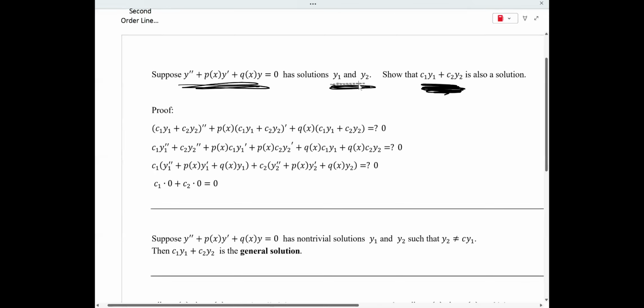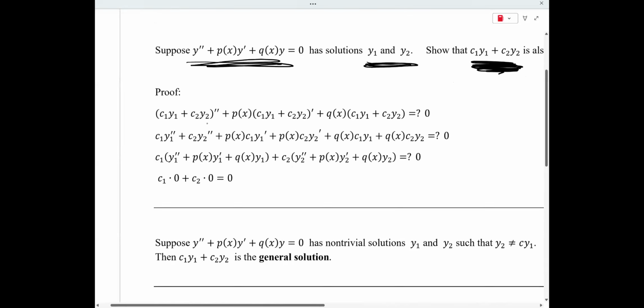So if you have two solutions, this is also a solution. This is the key part right here. See, this here is the same as this, if you think about it, because if you have a function of x here and a function of x here, you take derivatives term by term. So you can end up taking a derivative like this, okay?